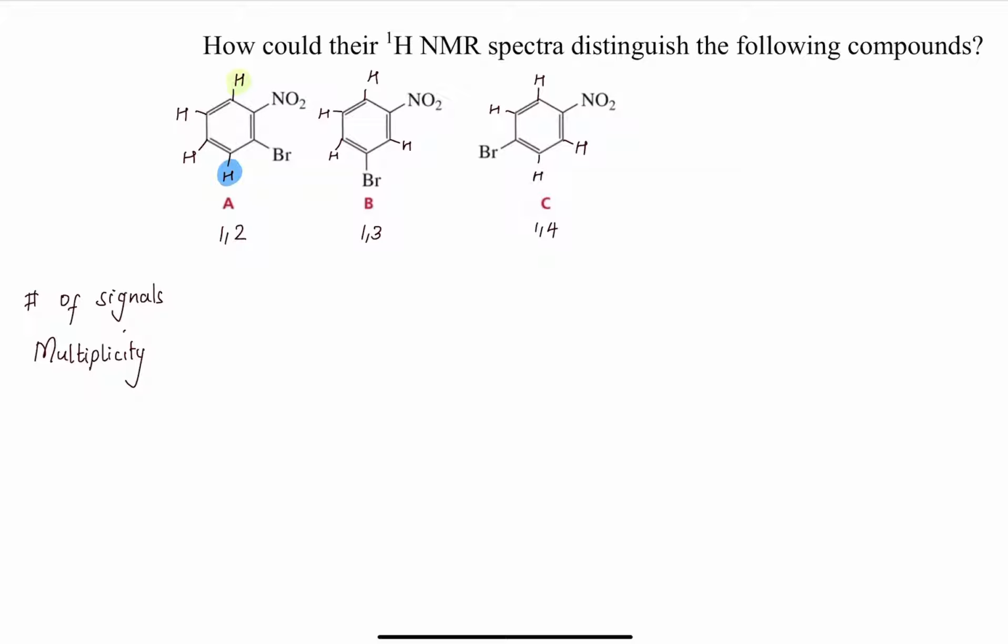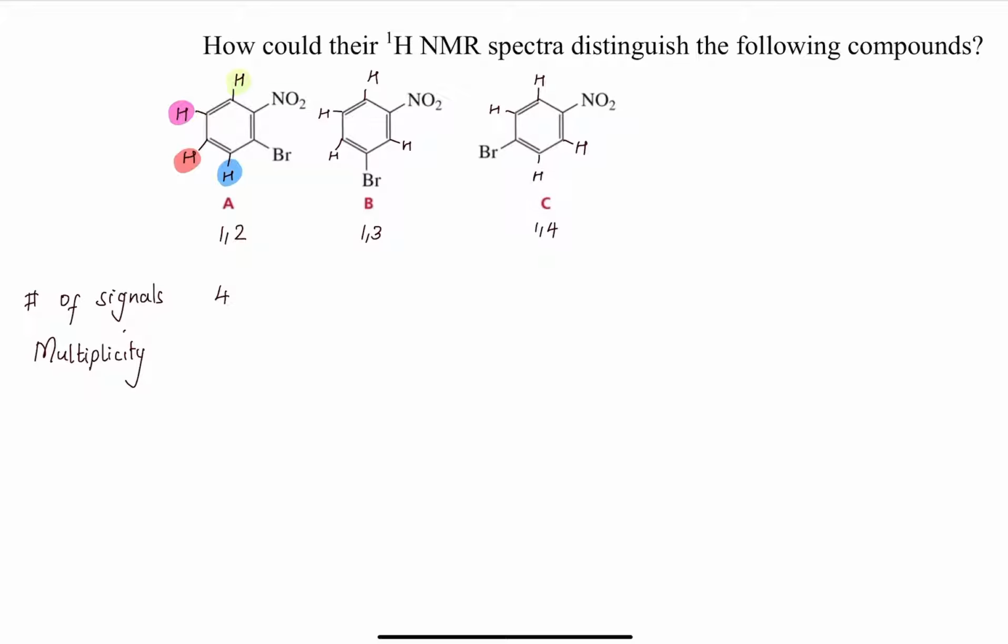Similarly, this hydrogen is in the meta position with respect to the bromo group, and this hydrogen is in the meta position with respect to the nitro group. So these are 4 different protons, and they are going to show up as 4 separate signals on the NMR spectrum.